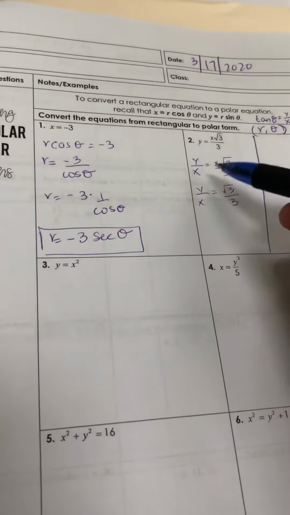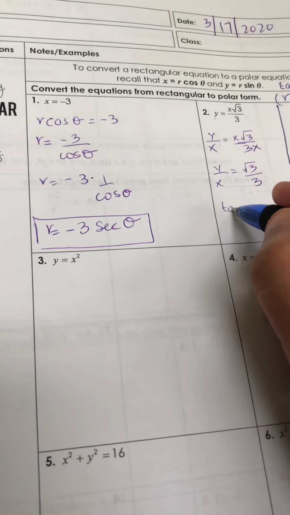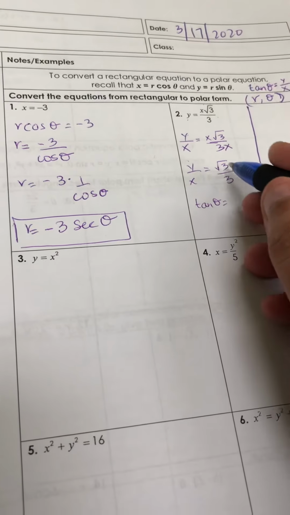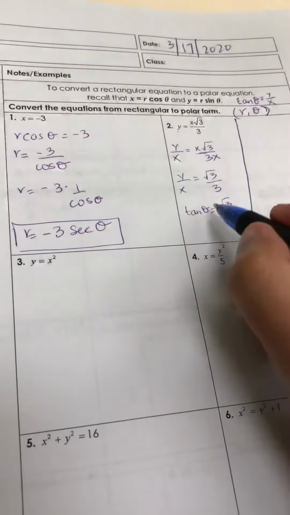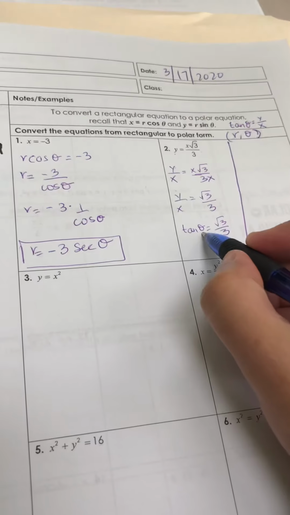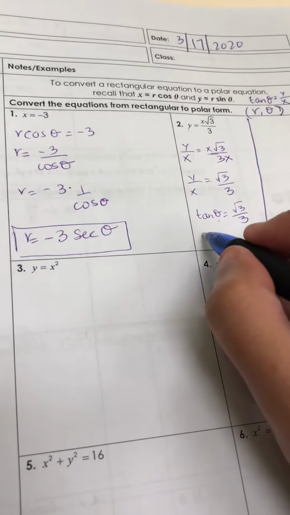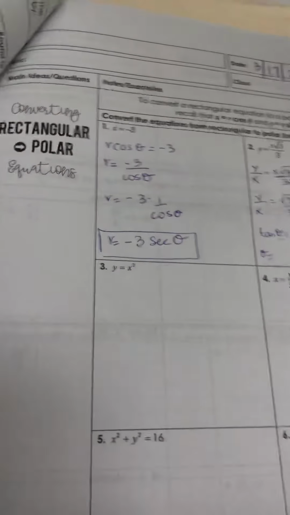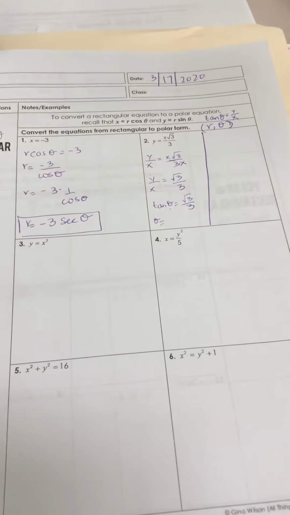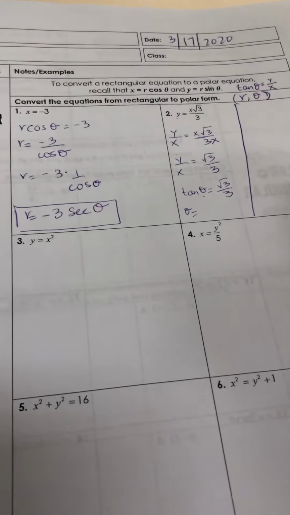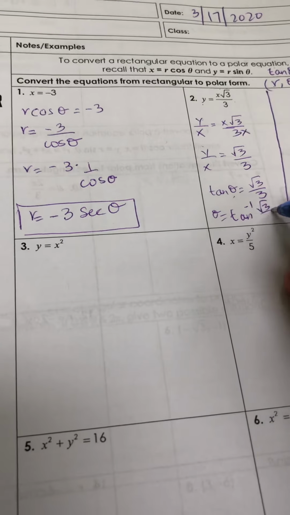Now I can replace this y over x with tangent theta, and I get tan theta equals square root 3 over 3. Because I want it in terms of theta, my equations could be in terms of either theta or r. So theta would be equal to tangent inverse of square root 3 over 3.